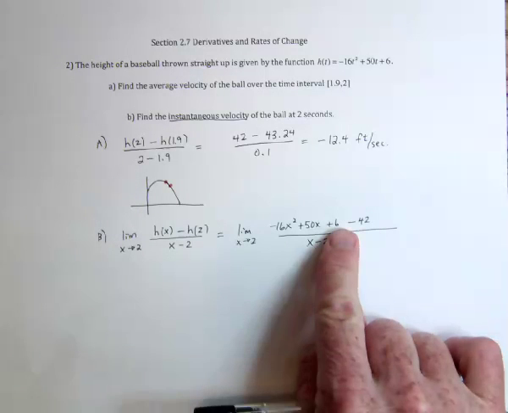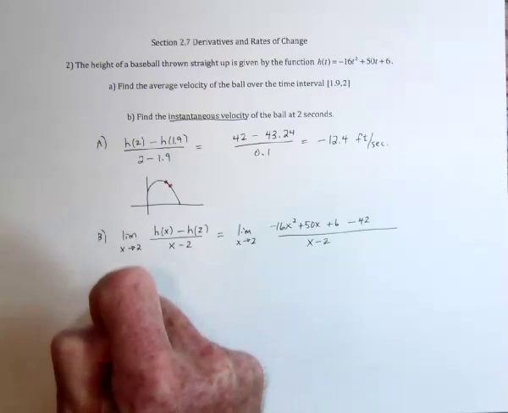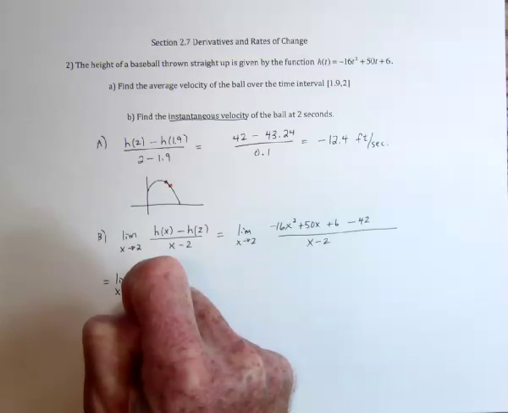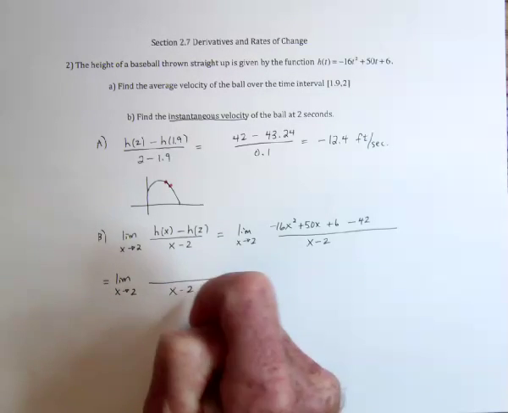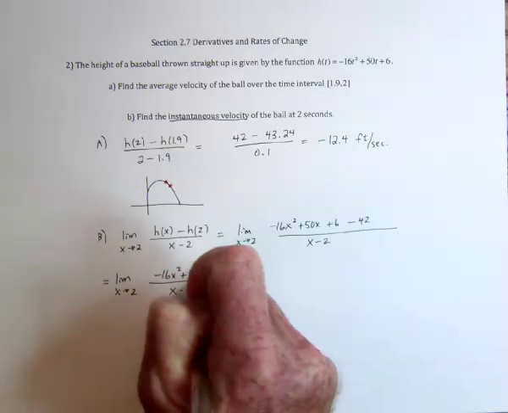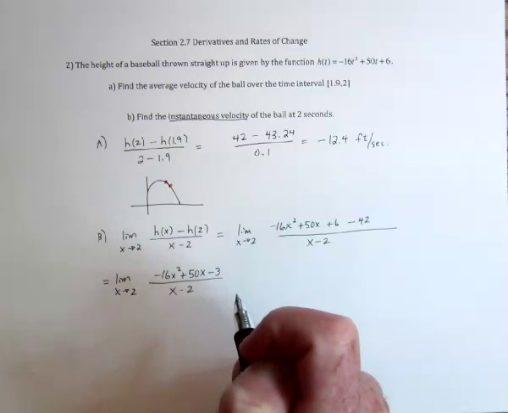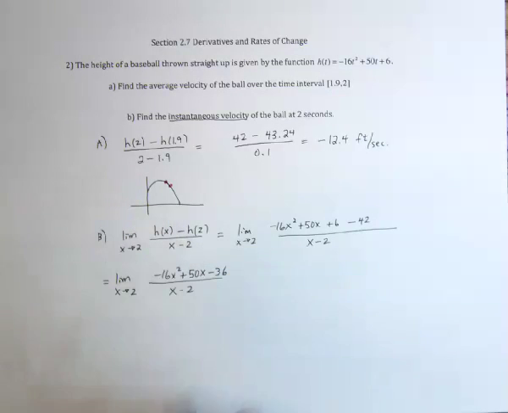And then I can combine like terms, so this will make it negative 36. So we've got the limit as x approaches 2 of negative 16x squared plus 50x and then what's left is negative 36.